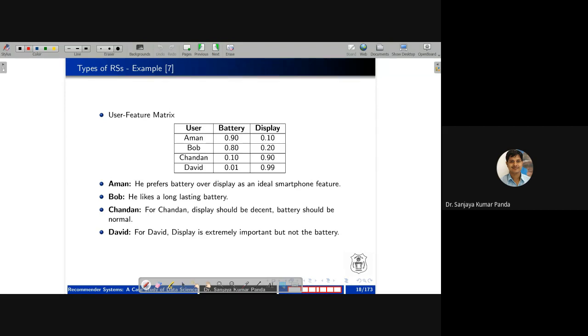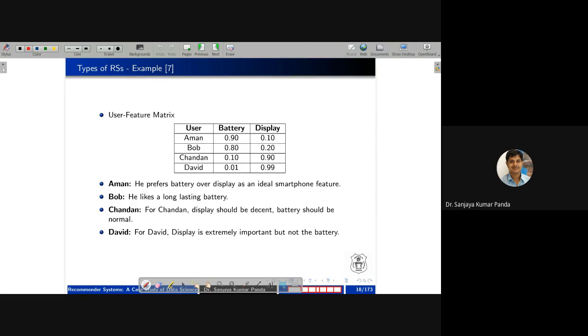It means the first two users are more interested in a long-lasting battery rather than the display. And the next two users are interested in display rather than battery. In David's case, you can see 0.99 is for display and 0.01, which is negligible, for battery. So for David also, like Chandan, display is extremely important, but battery is not important.